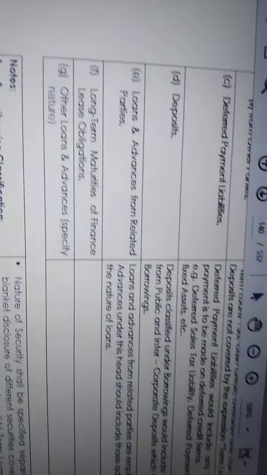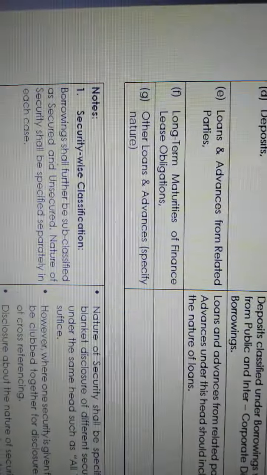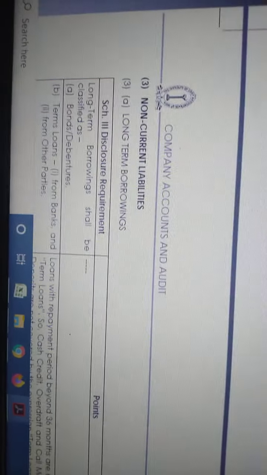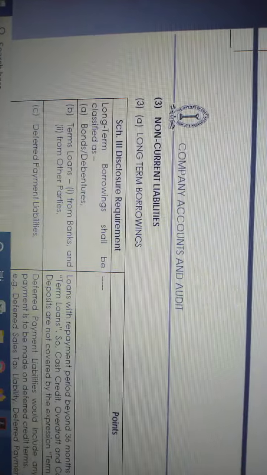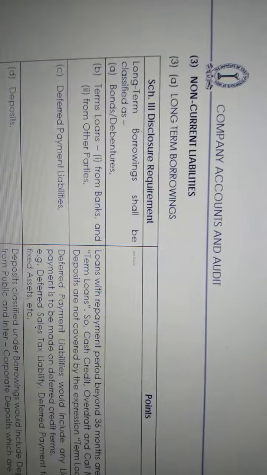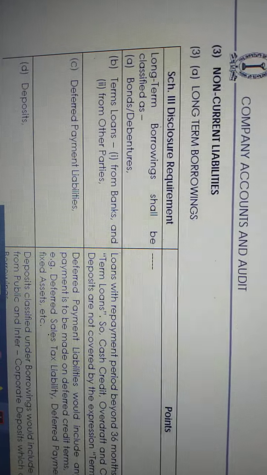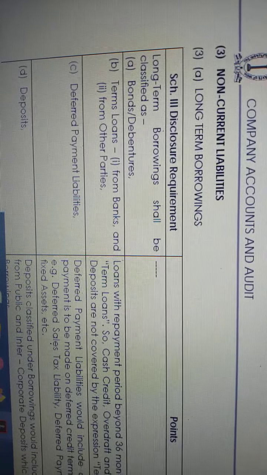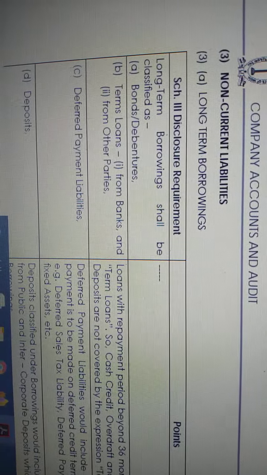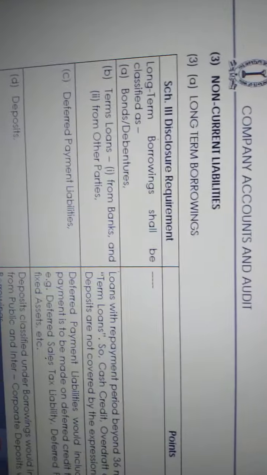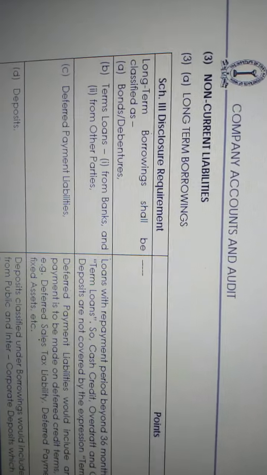So non-current liability is what we are referring to now. Non-current liability is anything other than current liability. Under that, long-term borrowings: what is long-term borrowing? Borrowed normally for more than 1 year.